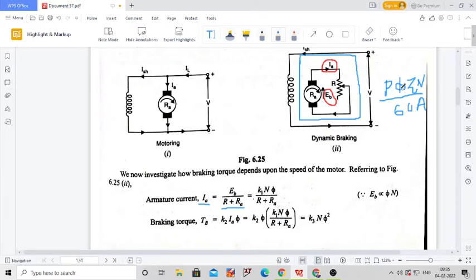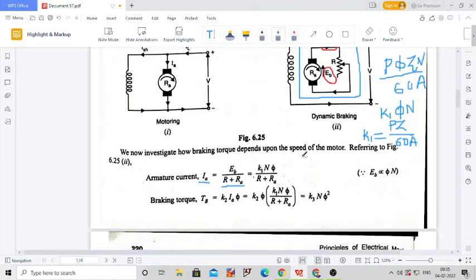Here P, Z, 60 and A are all constant, so I can write Eb as K1 into phi into N. Therefore the numerator term Eb can be written as K1 N phi, where K1 is a constant equal to PZ divided by 60A. Therefore the braking current is equal to K1 N phi divided by R plus Ra.